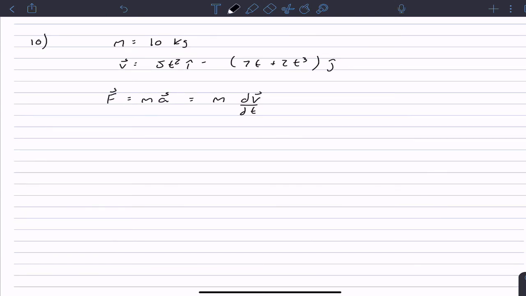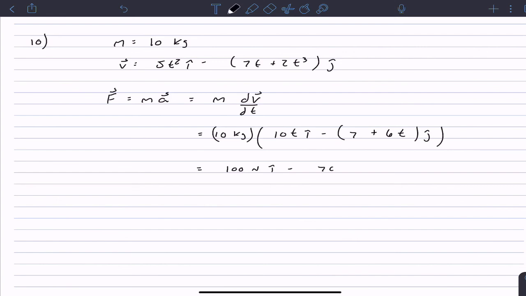So let's do that. So let's just go 10 kilograms times 10t i hat minus 7 plus 6t squared j hat. Net force is going to be, well, we have 100t newtons in the i hat direction.